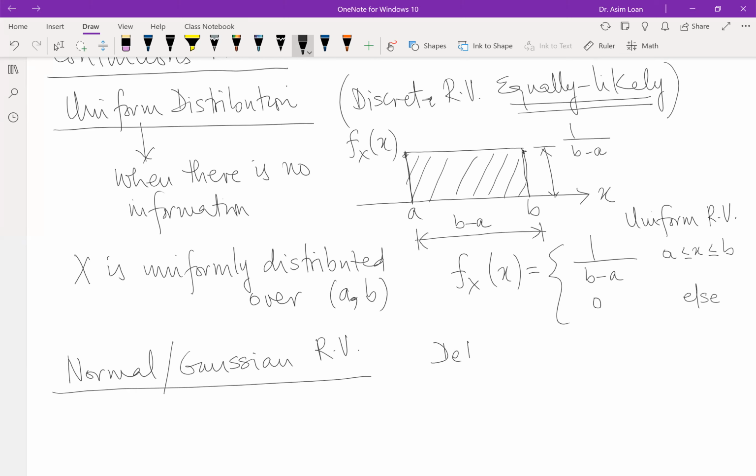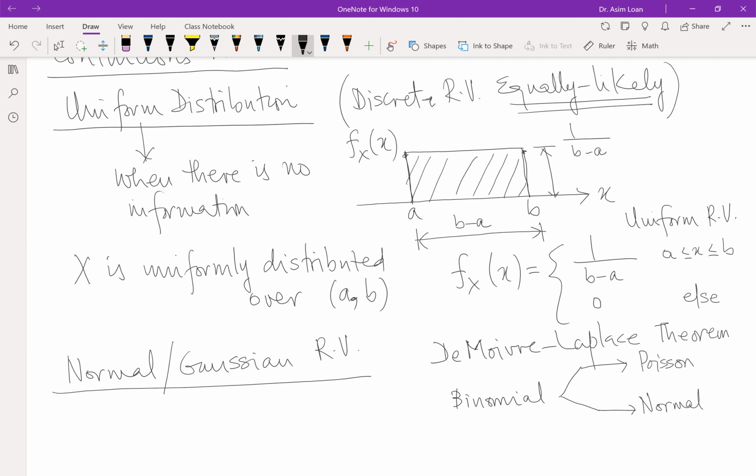In the De Moivre-Laplace theorem, you have the binomial random variable, and depending on it, you have either the Poisson distribution or the normal distribution. Basically, I think there's some condition on N and P, whatever that condition is.